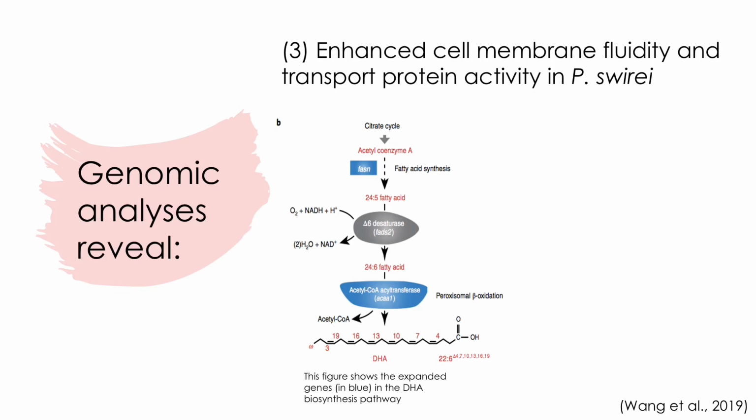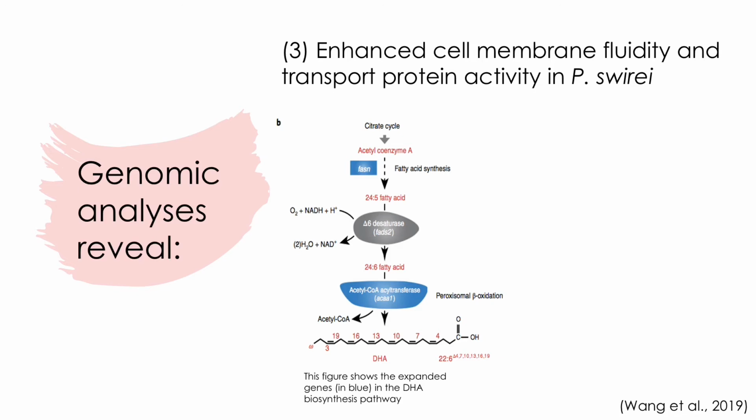Pressure also rigidifies the membranes, which impairs their transport functions. And this group of researchers found many significantly expanded gene families in the Mariana snailfish, and the gene families exhibiting the most significant expansion were those related to fatty acid metabolism.